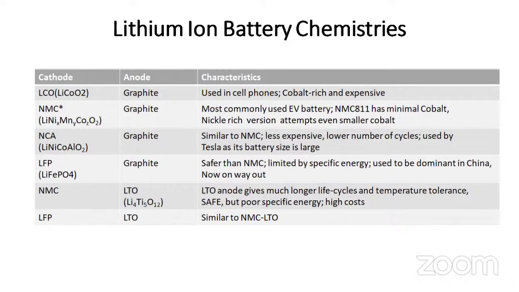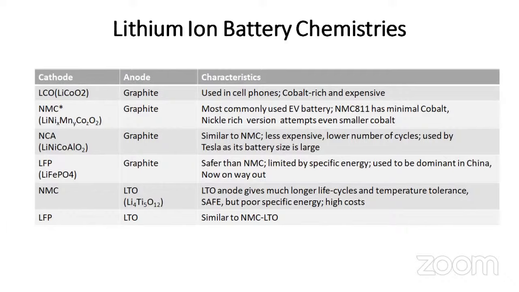But it is safer than NMC, though limited by specific energy, and used to be dominant in China. This chemistry was especially developed in China, and the companies depending on China to import cells mostly used it. But nowadays, this kind of chemistry is on the way to becoming obsolete.